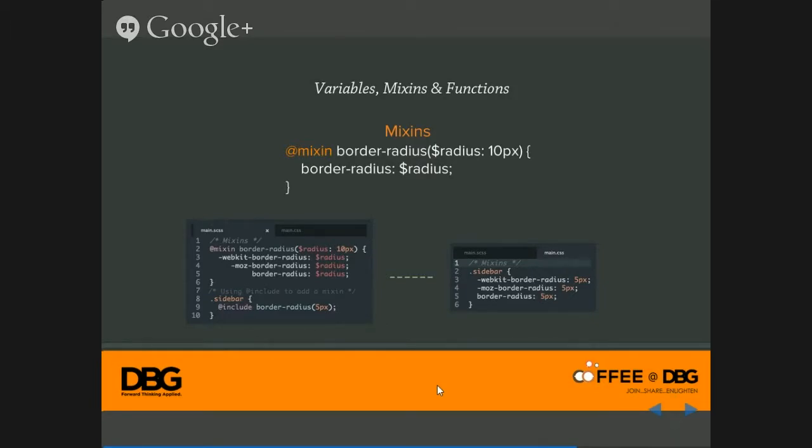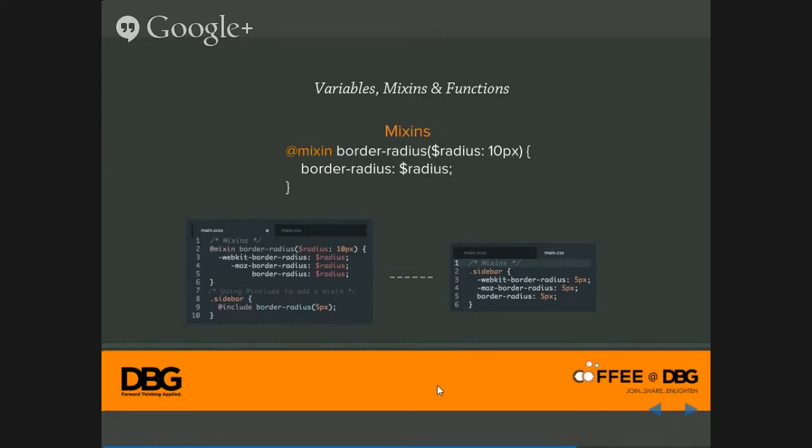And to use a mixin, this is the keyword. Say I have a div and I just want a 5-pixel border radius. I can simply grab the class name, then inside that I can include my mixin, and this will be my generated CSS.